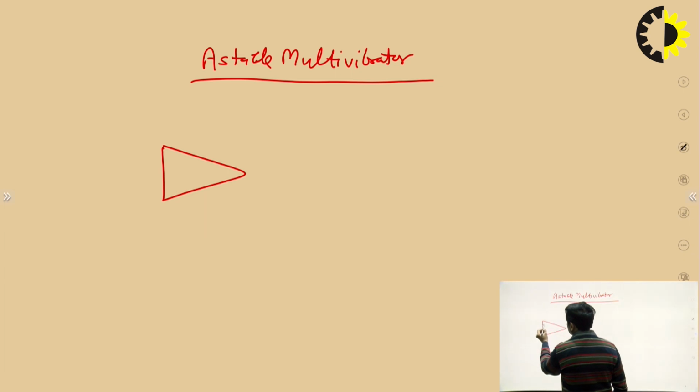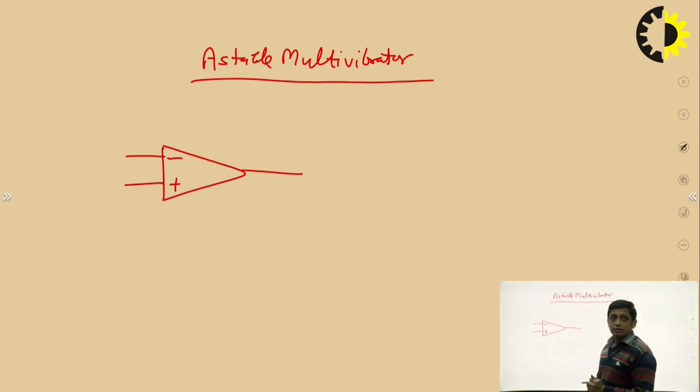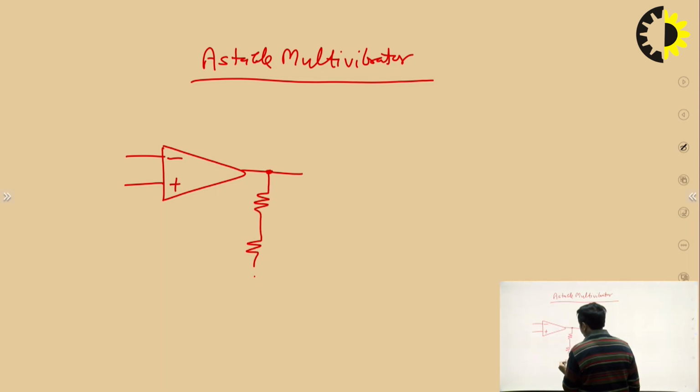Firstly, we have taken this operational amplifier, op-amp, and in an oscillator positive feedback is required, right? And it is an oscillator, basically an astable multivibrator. It is also called a square wave generator, and that positive feedback is given to this op-amp with the help of a voltage divider circuit that is formed with the help of two resistors.